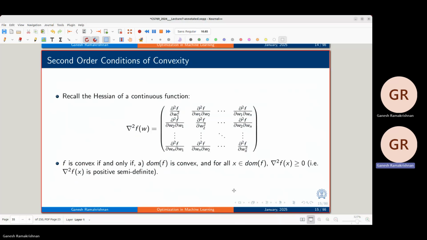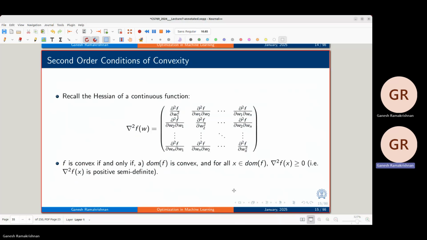So whatever I wrote here can also be written as the Hessian of f(x) partial inequality greater than or equal to 0. Instead of saying this for all y, you should have this condition. Here you are saying, make sure that at every point x, the Hessian is positive semi-definite. Is this clear? Again, I don't want to get into detailed proofs.